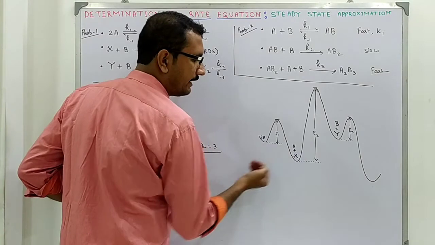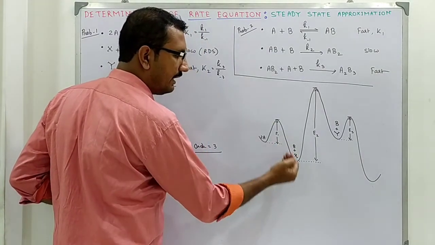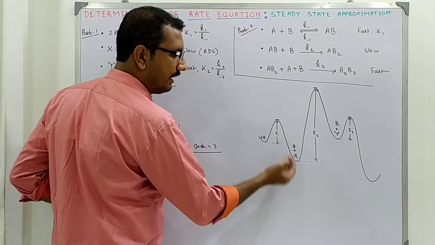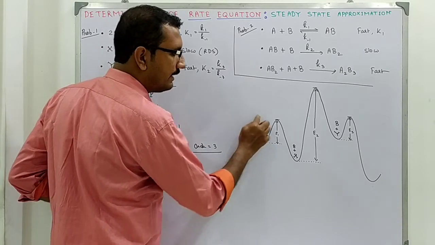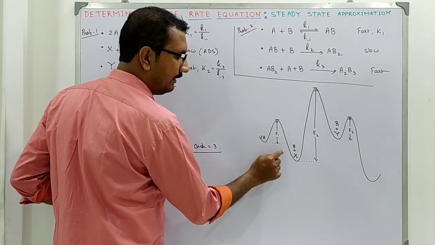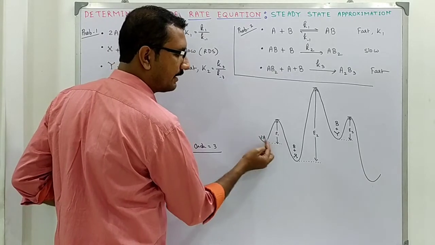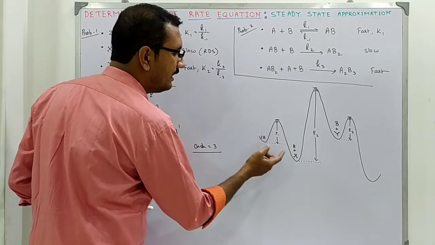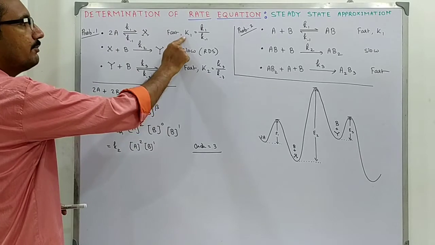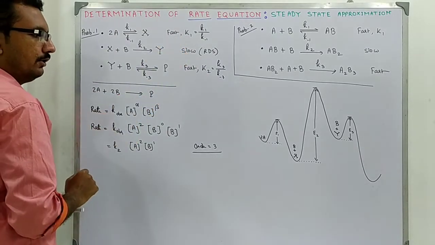Now, what about this X? This X is appearing in the reaction mechanism owing to this equilibrium. There is a rapid establishment of equilibrium between A and X, so that will be guided by this equilibrium constant K1.